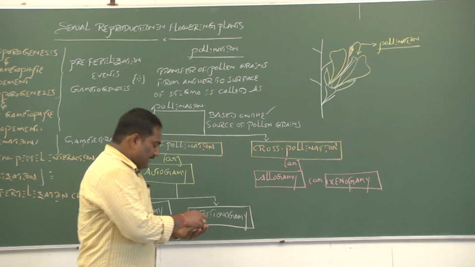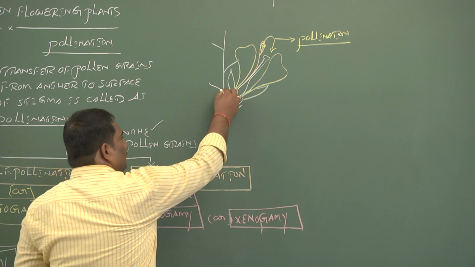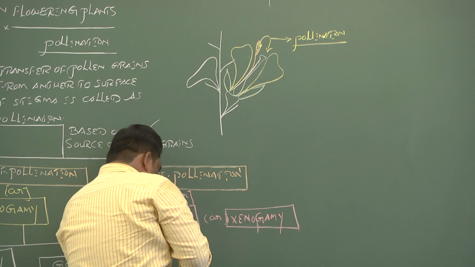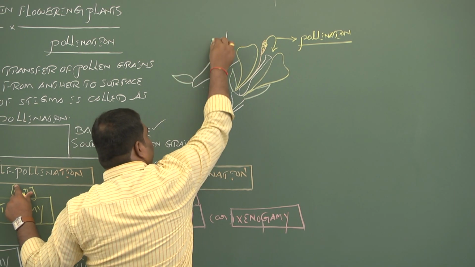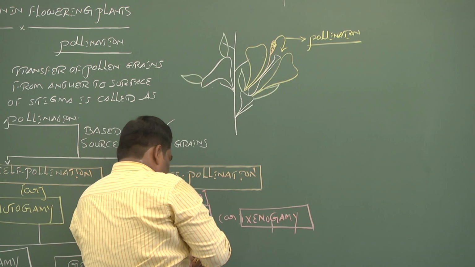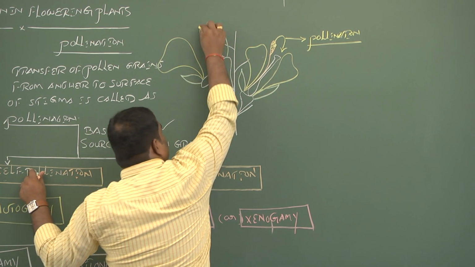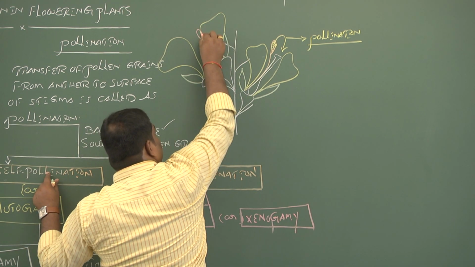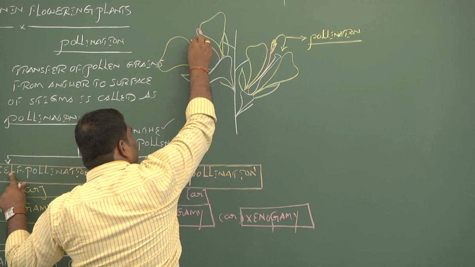In a flowering plant, there is one more flower. In this flower, this is calyx, this is corolla, this is androecium, and the innermost whorl is gynoecium.